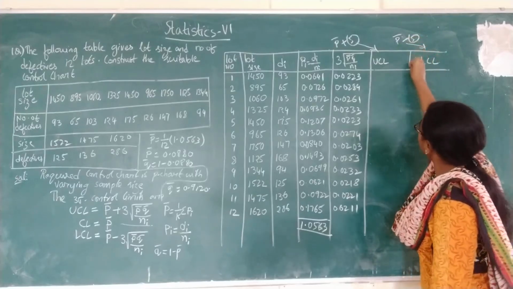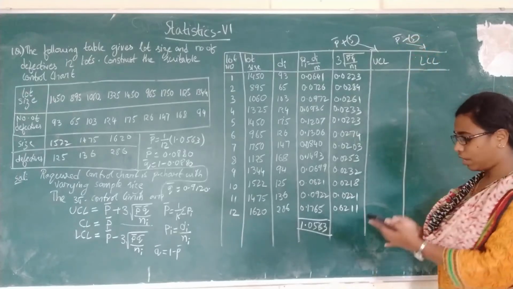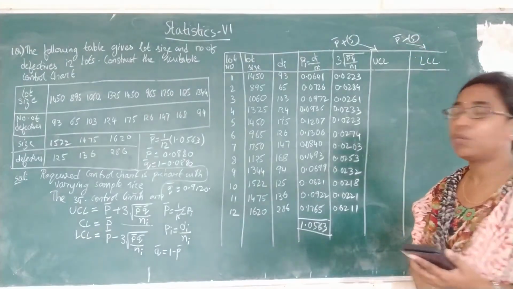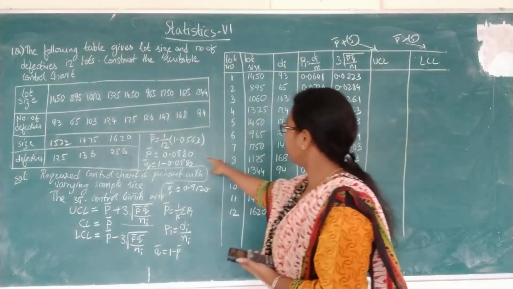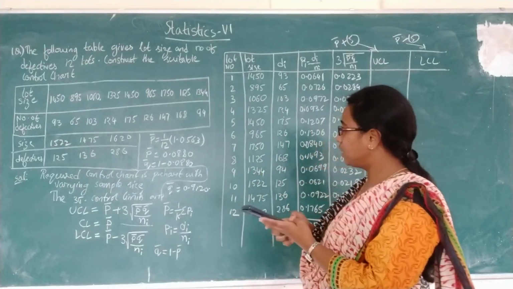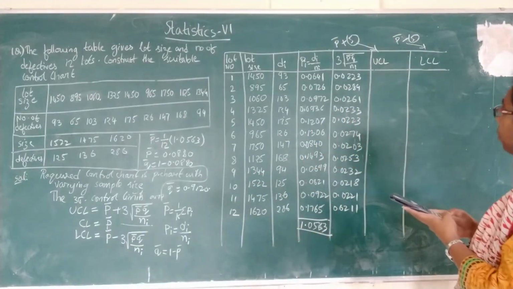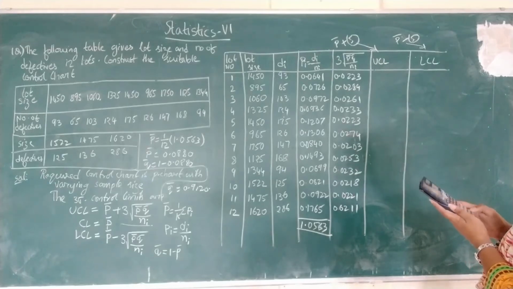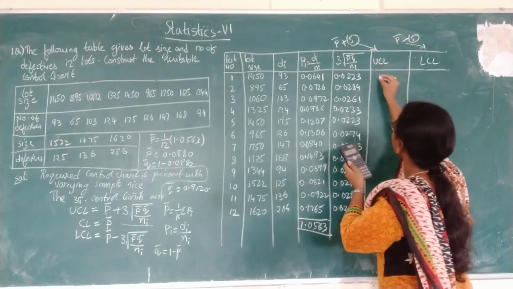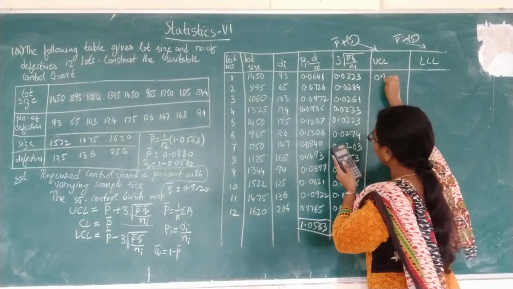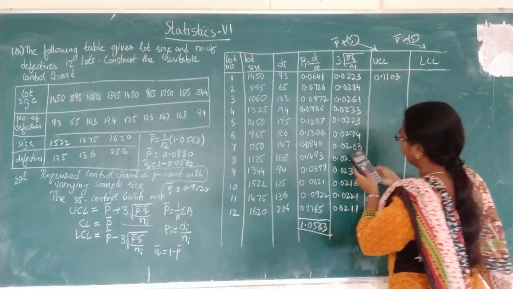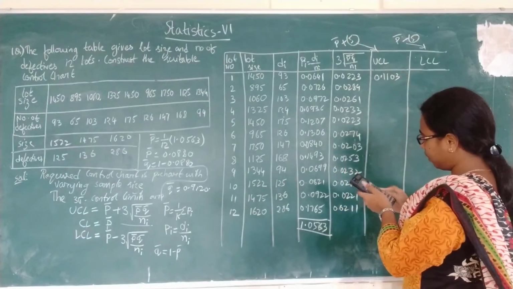Now calculate the UCL and LCL values. What is the P bar value we got? P bar equals 0.0880 plus the first one, 0.0223. So UCL is 0.1103.